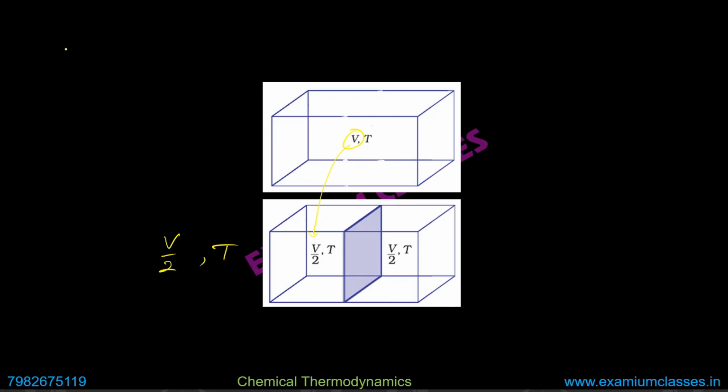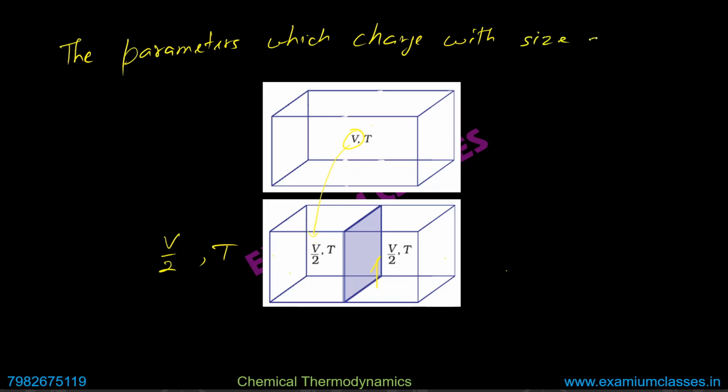So the parameters which change with size or amount are known as extensive parameters, and they represent extensive property.